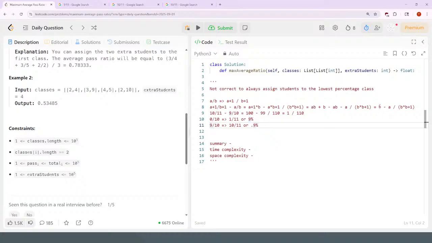But the thing would be here, b minus a. I think for each class I should probably do what the gain would be for adding a student in that class, and then I go through the classes, add students to those classes until it matches the next class.